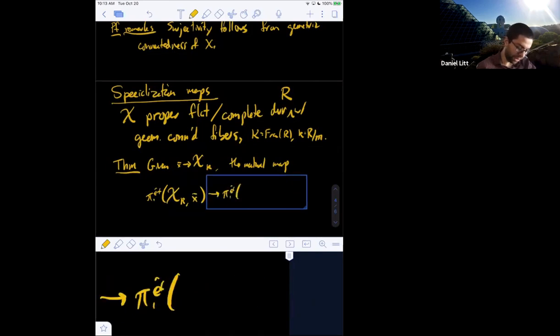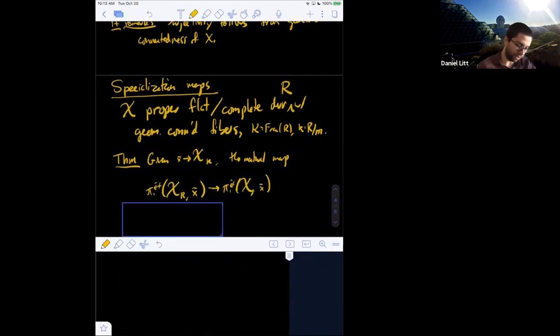It maps to pi1 of X at the same base point. And the claim is that this is an isomorphism of topological groups.